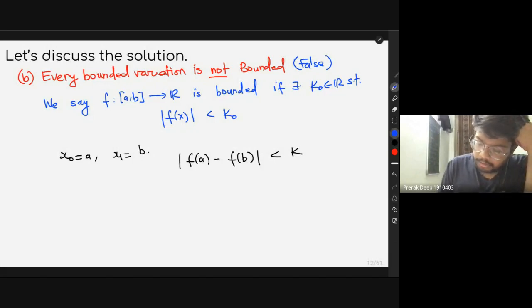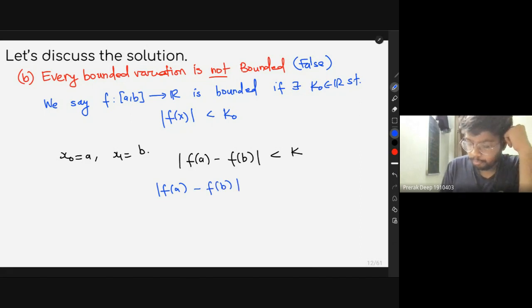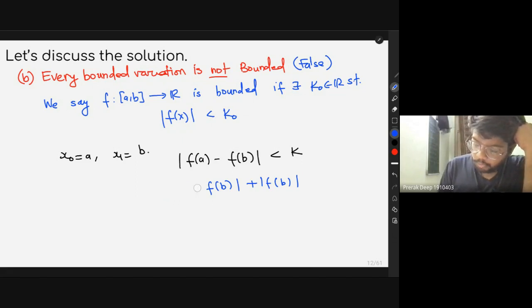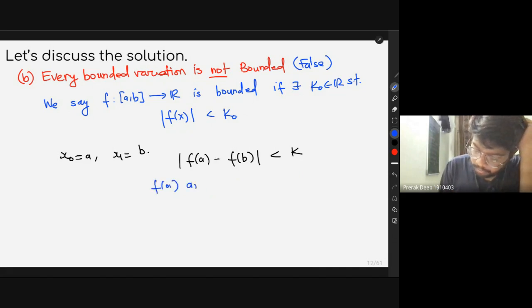And now, what is f of A minus f of B? F of A minus f of B plus f of B. So what I'm saying is that f of A and f of B are both finite.